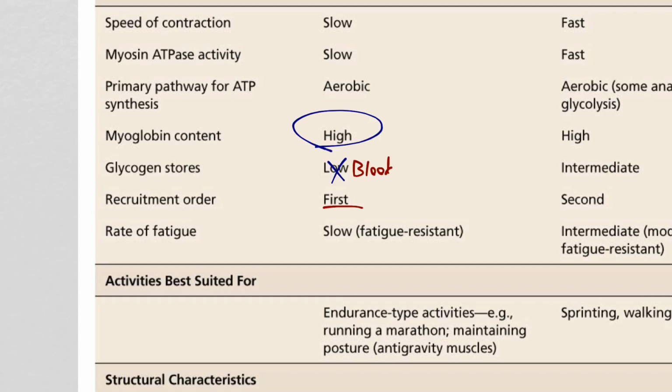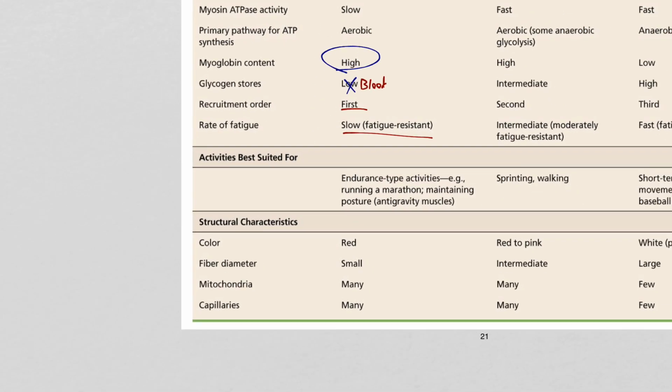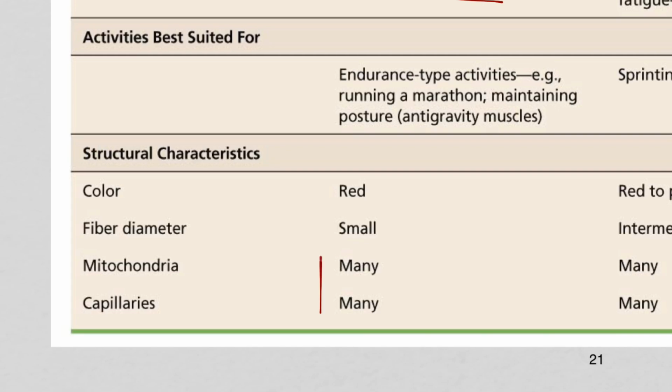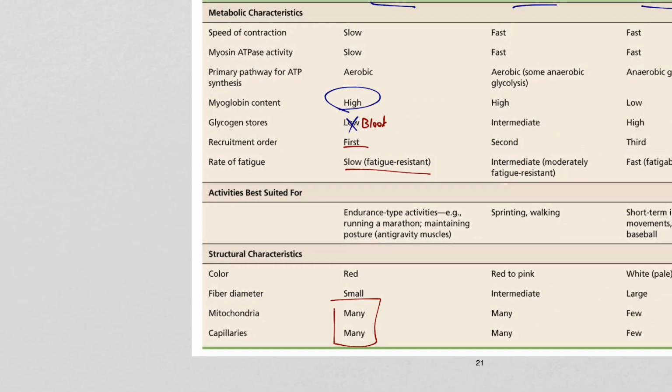You'll always choose to use the most efficient means first, and these type 1 fibers are slow, but when you're doing something slow and easy, that's perfectly fine, which means that they're resistant to fatigue. And the reason they can do this is they're packed full of plenty of mitochondria and blood vessels to deliver that oxygen, and mitochondria to actually use that oxygen to produce ATP efficiently.